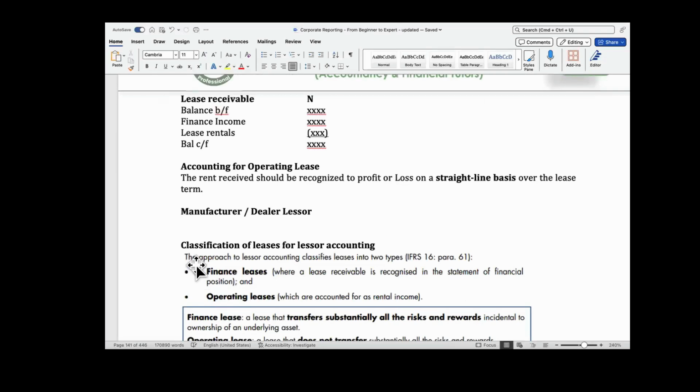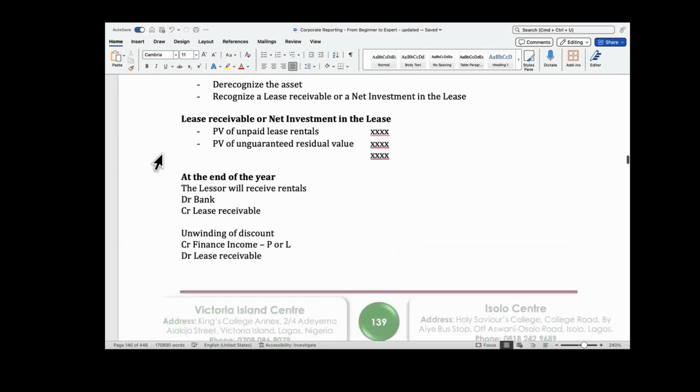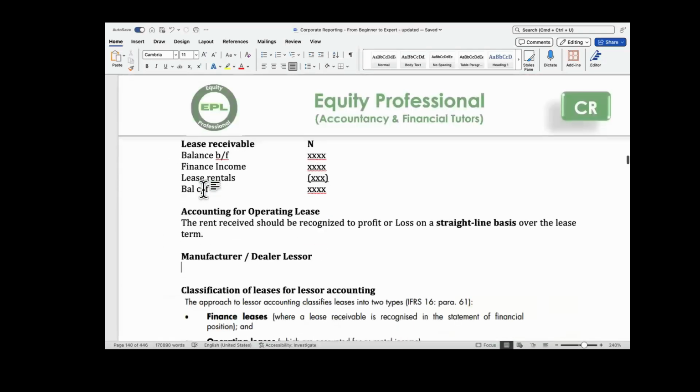Because ordinarily that's what you do, you sell the asset. Yes, you do all of these that I've taught you, this receivable, but you must assume that you have sold it.